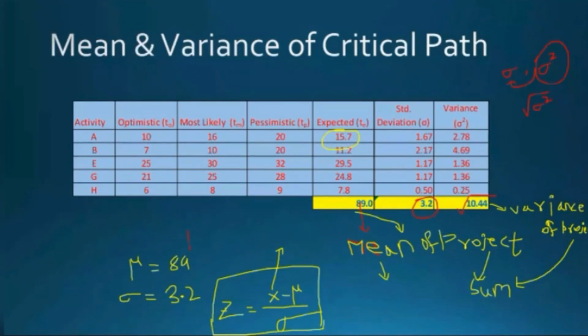Then based on the Z value, we will refer to the standard normal distribution table, the Z table that I have just shared with you on WhatsApp. In that, we will find the Z value and the corresponding probability. So that is the procedure. Is it clear for everyone so far, friends? Yes, sir. Okay, right.